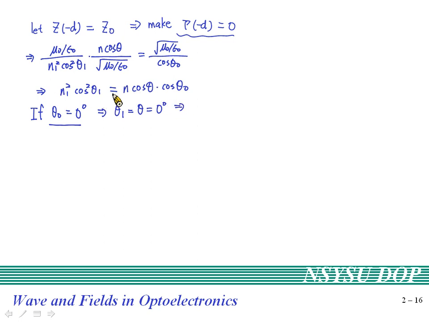Then the condition will be simplified as n1 square equals n, or you can just say n1 is the square root of n.